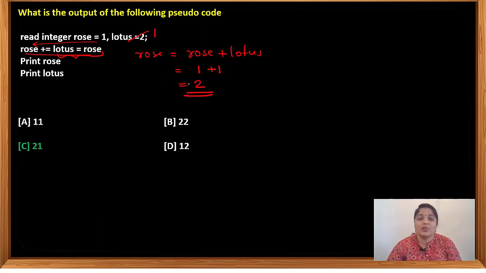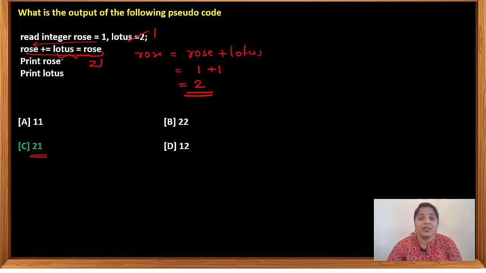Okay, so rows is 2. So print rows means 2 will be printed. And print lotus. What is lotus now? Lotus is now 1. So 2, 1 will be printed. It seems like 21 because we have not given any space or new line in the code.